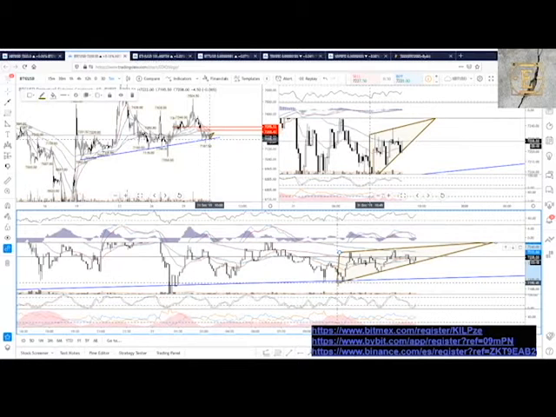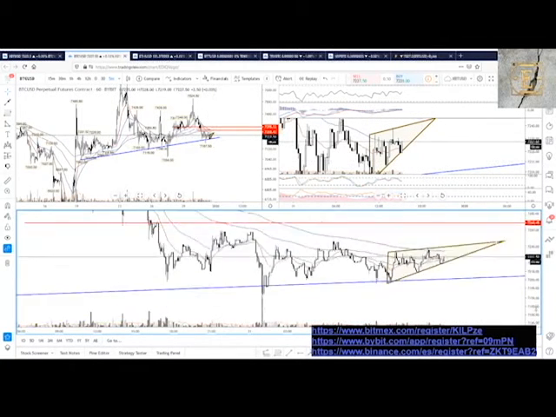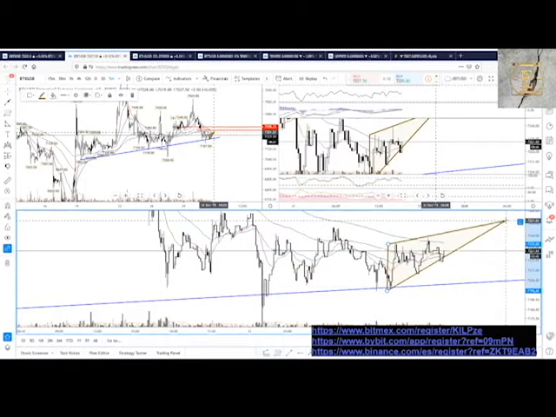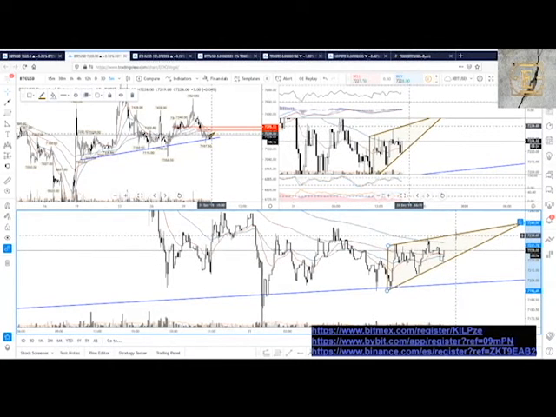Perhaps it's a wedge. If this is a wedge, you have 1, 2, 3, 4 touches. So maybe there's one last one, but usually after 4 touches, this is going to stop here and break.